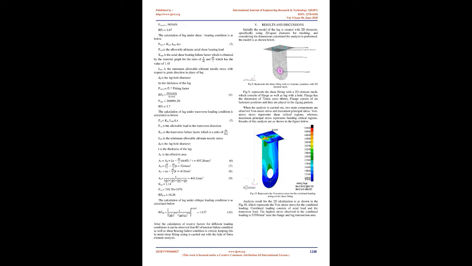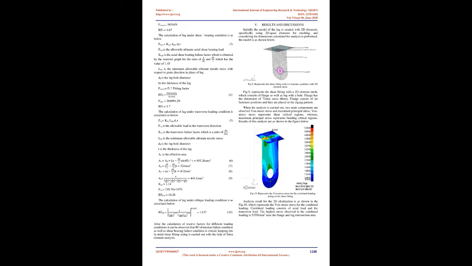Ftum is the minimum allowable ultimate tensile stress with respect to grain direction in plane of lug. DH is the lug hole diameter. T is the thickness of the lug. Factual equals FZ asterisk fitting factor. RFS equals allowable by actual, equation 4. Pbru equals 268099.2 N. RFS equals 1.7.